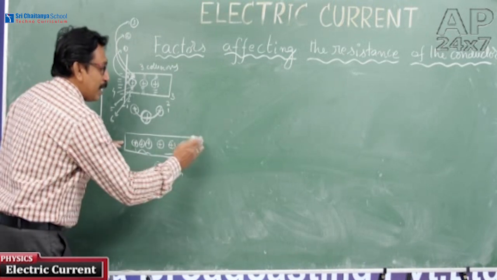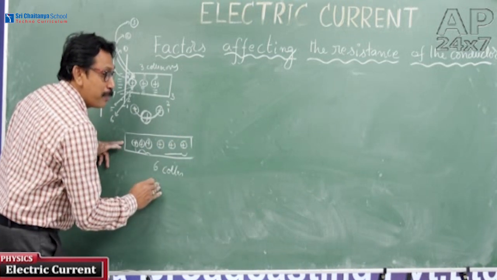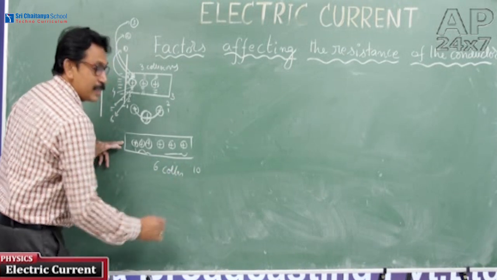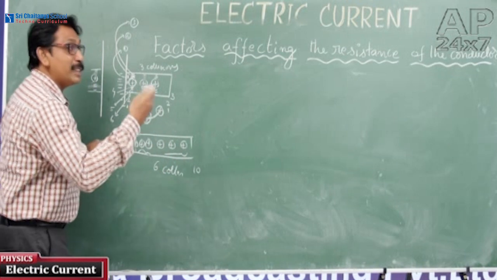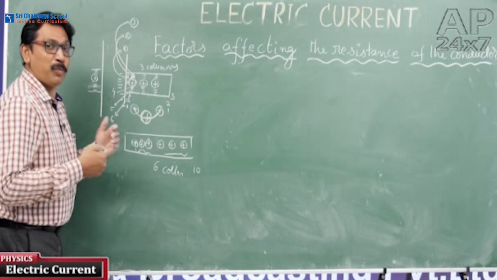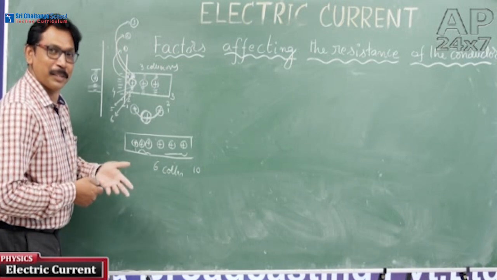If I keep 10 core ions, how many collisions can you expect? 10. So as length increases, the number of collisions increases. As the number of collisions increases, resistance increases.